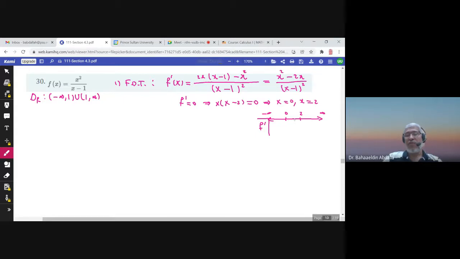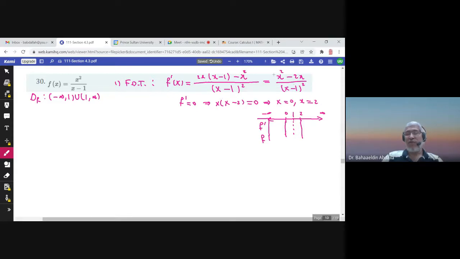But when you find increasing and decreasing, you have to make sure that 1 is not there, okay? Because it's not in the domain. So where is f prime? Yeah, this is always positive.